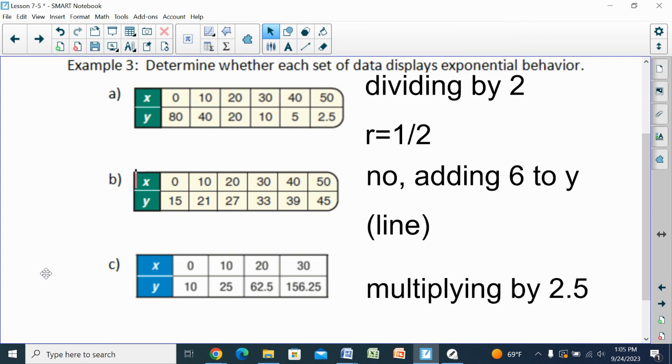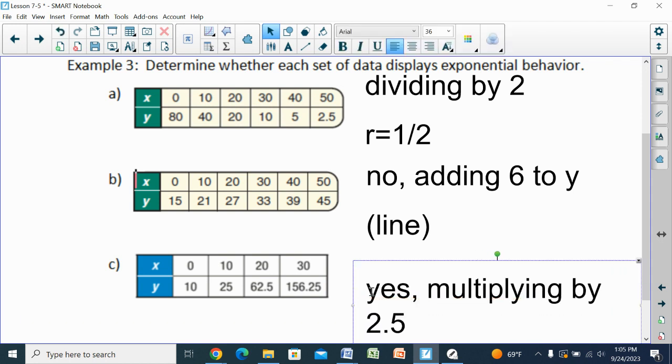The trick, if you want to figure it out, is to take your y values and divide. The second one divided by the first one, so 25 divided by 10, would give you 2.5. So yes, this is exponential behavior, because every y value gets multiplied by 2.5.